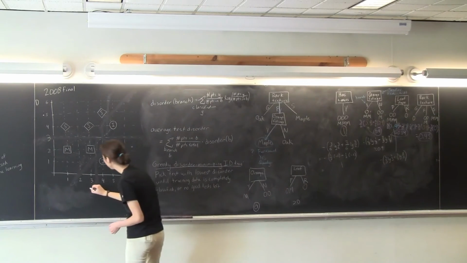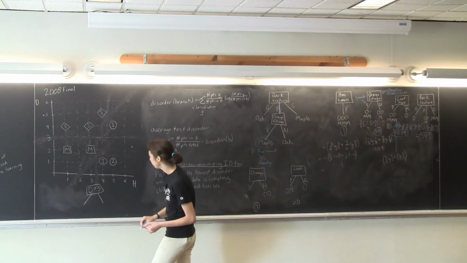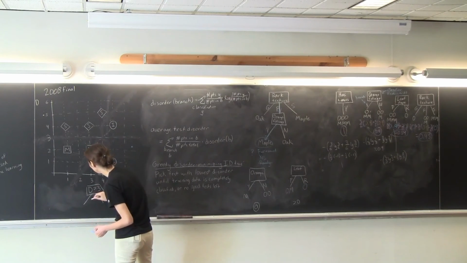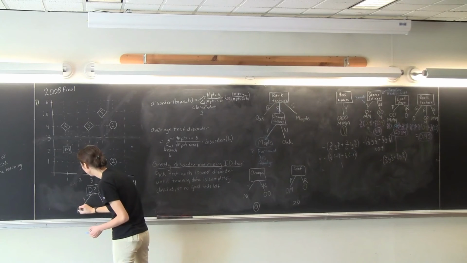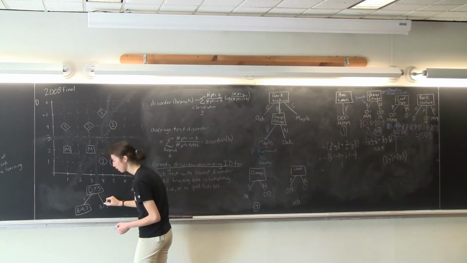So the tree starts with density greater than 3, and then has hardness greater than 4.5 and hardness greater than 3.5. Is that correct?